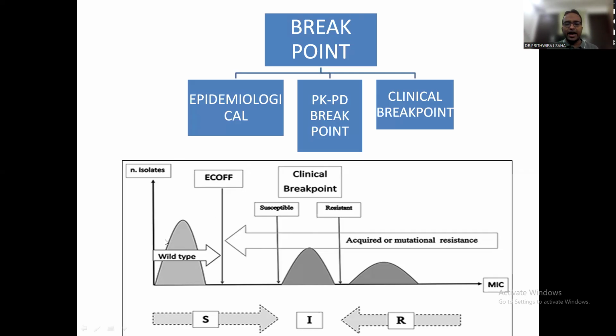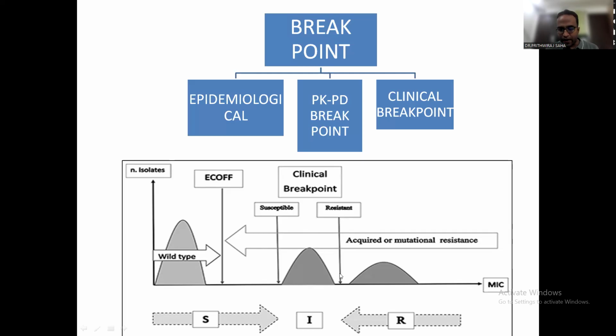So here wild type has no resistance. So this is a clear cutoff. This is wild type and this is acquired or mutational resistant. But among the acquired or mutational resistant, some part becomes sensitive. So this line shifts from here to here, and this part becomes sensitive. This is the intermediate category, we will come to it in the subsequent slide, and this becomes the resistant category.